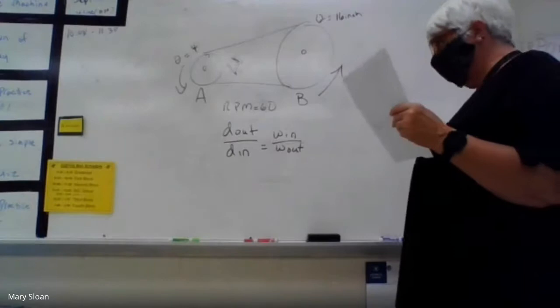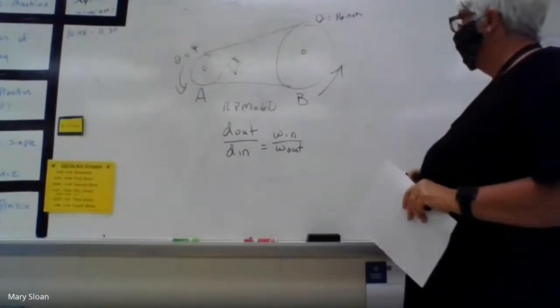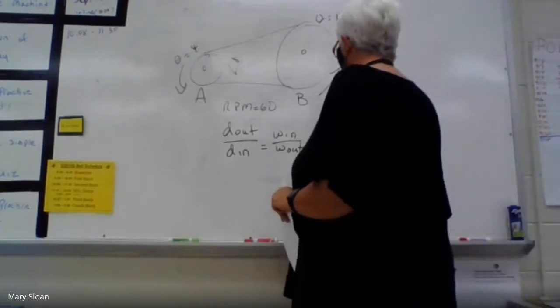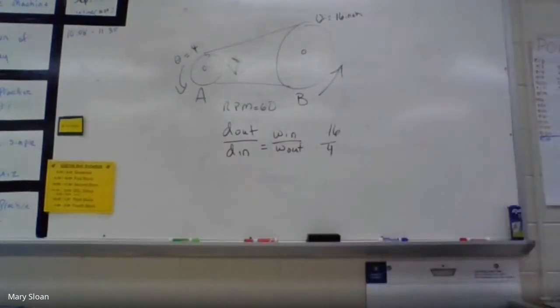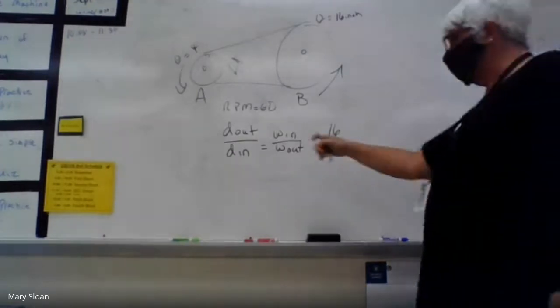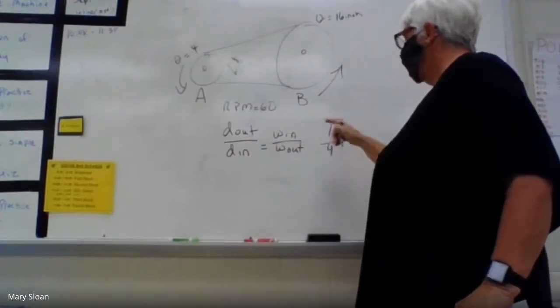What is our D in and our D out? Well, Miss Sloan, it's 16 over 4. Diameter in, diameter out, starting with B first and then going to A. So what is 16 divided by 4? Well, we're not done yet, are we? Because that's our D out over D in. What else do we have?